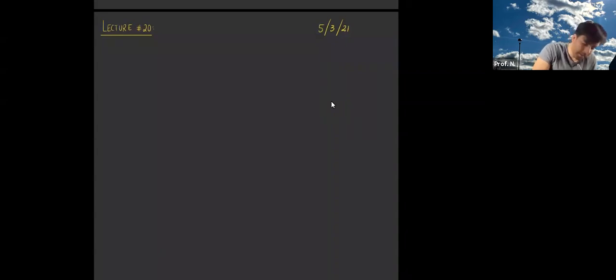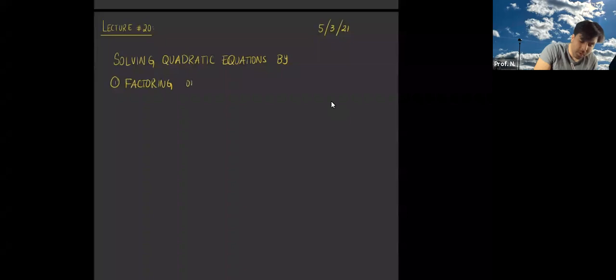So let's start with quadratic equations, and we're going to solve them. We're going to be solving quadratic equations either by factoring them, and we've done this already, so there's nothing new with the factoring, or by taking square roots.